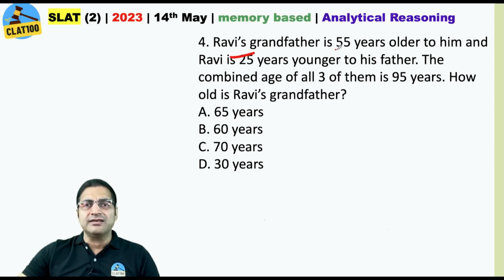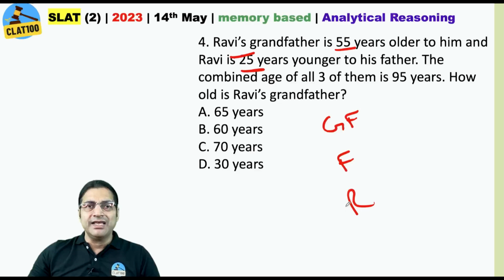Ravi's grandfather is 55 years older to him and Ravi is 25 years younger to his father. Grandfather, father and Ravi. Okay. Ravi's grandfather is 55 years older. So let the grandfather be x. So Ravi would be x minus 55. Right.